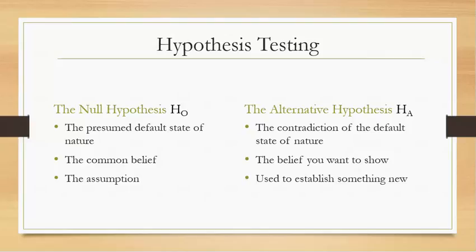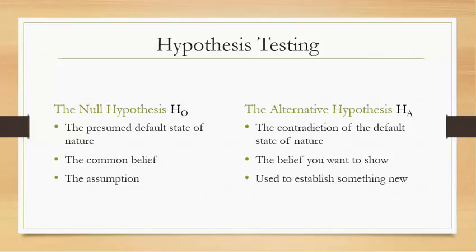The second thing to keep in mind is that there are two possibilities with hypothesis testing, and that is the null hypothesis or the alternative hypothesis. The alternative hypothesis is usually the contradiction of the default state of nature.